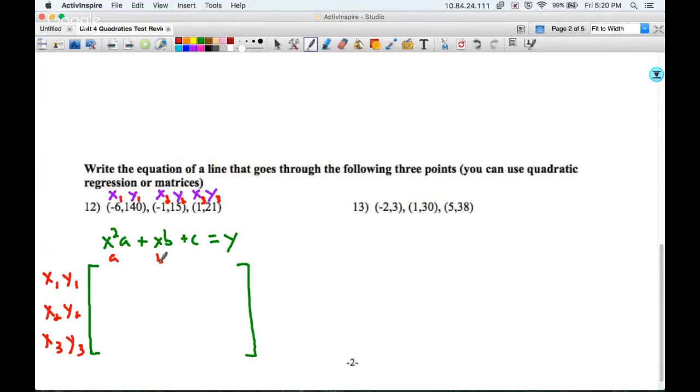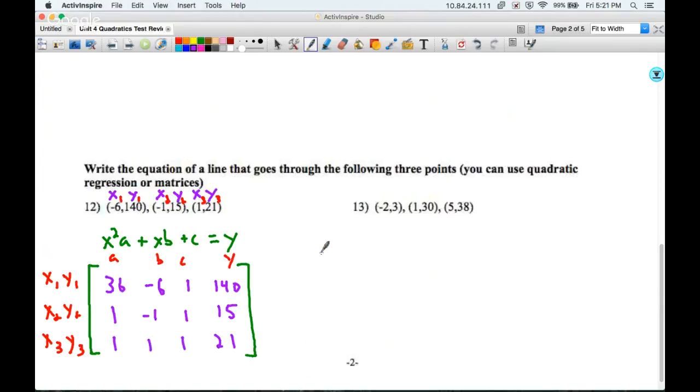This is going to be my A, B, C, and Y column. So this becomes negative 6 squared is 36. Then it's just a negative 6. The coefficient for C is just 1. And my Y value is 140. The next one goes 1, negative 1, 1, 15. And the last column goes 1, 1, 1, 21.